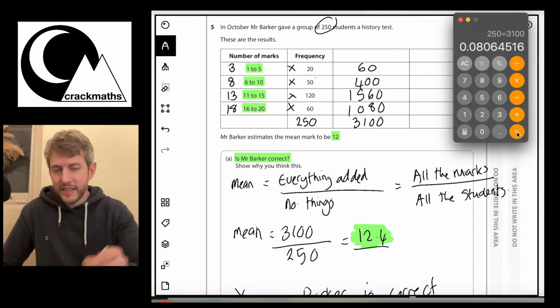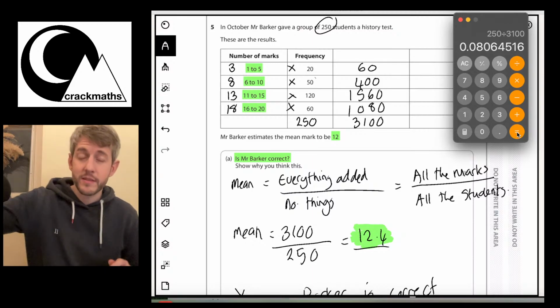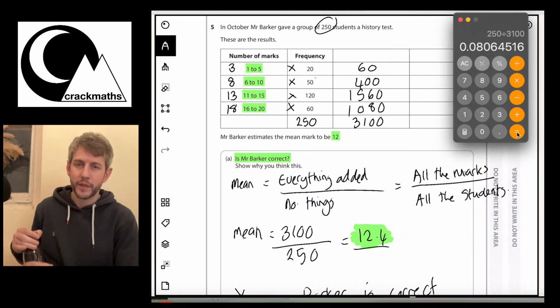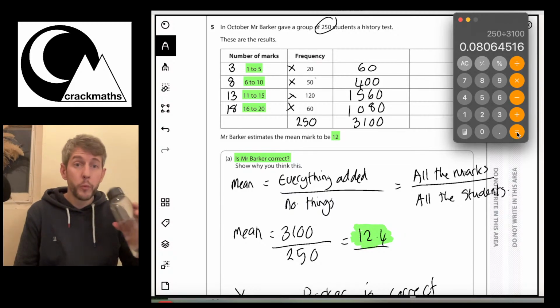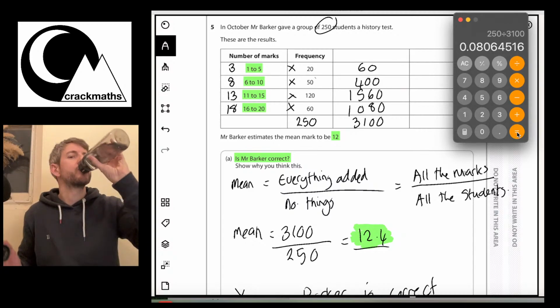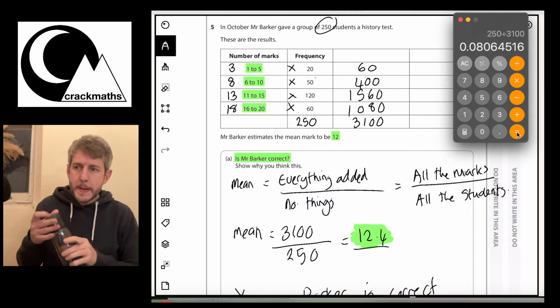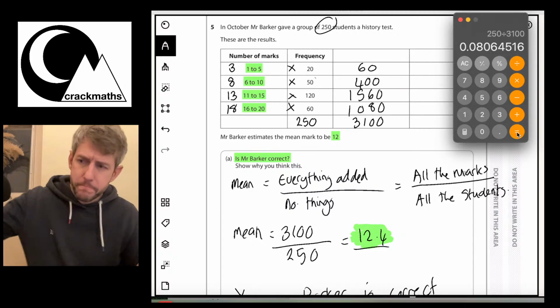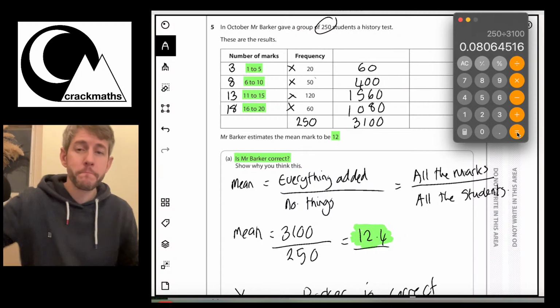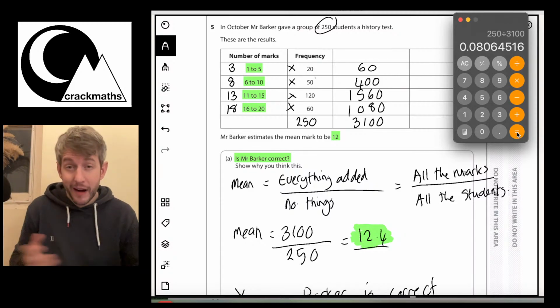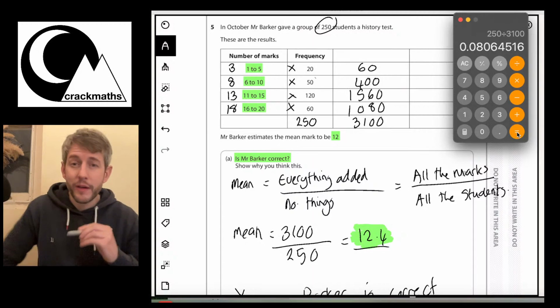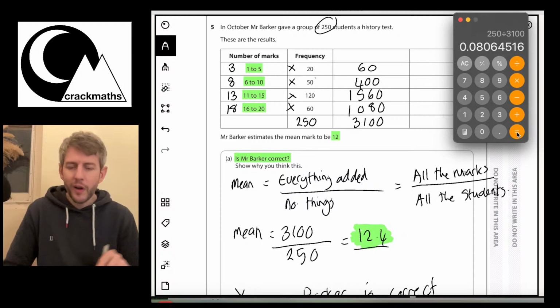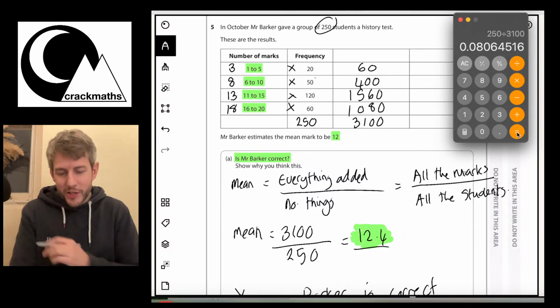And what we can see is that this number wouldn't make sense in the context of the question. It wouldn't be possible that the mean number of marks was 0.08. And so whenever you do a division, it is worth just checking. If you're not confident about which way round it always goes, it's always worthwhile having a think about if your answer makes sense. Right, let's get on to the next question.